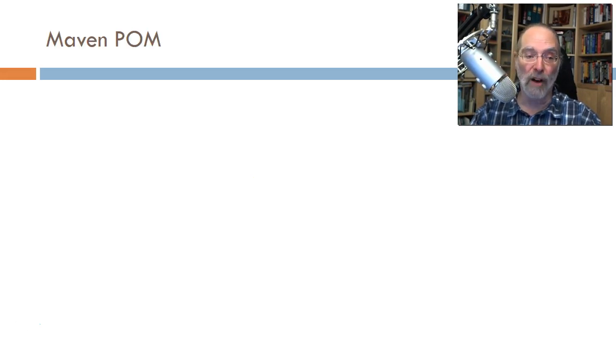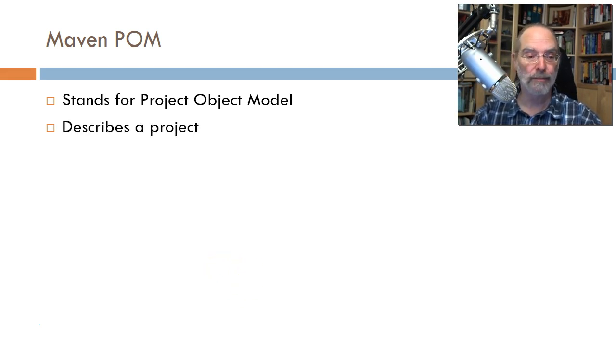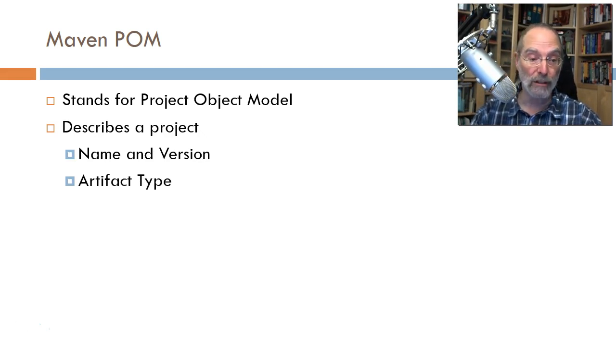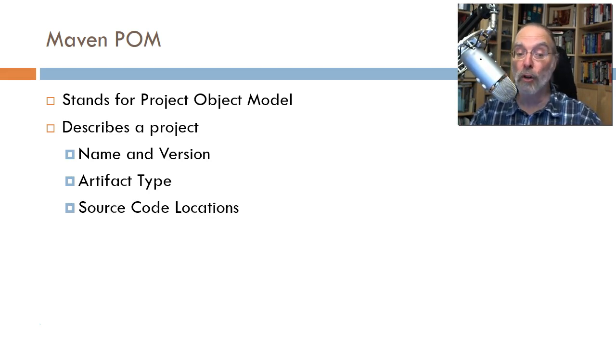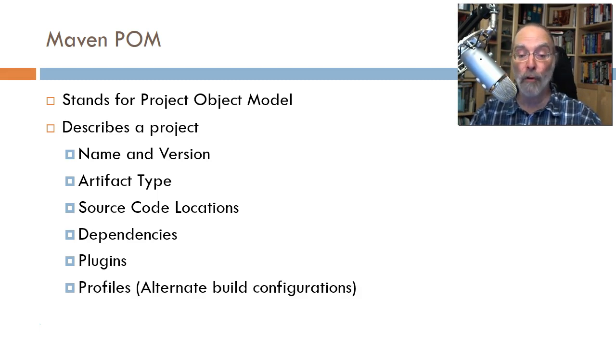So, our POM file stands for Project Object Module. It describes our project. That description consists of the name and the version, the artifact type, source code locations if necessary, though when we use Maven within an IDE, these locations are known, but we can add additional locations, any dependencies, any plugins, and profiles.